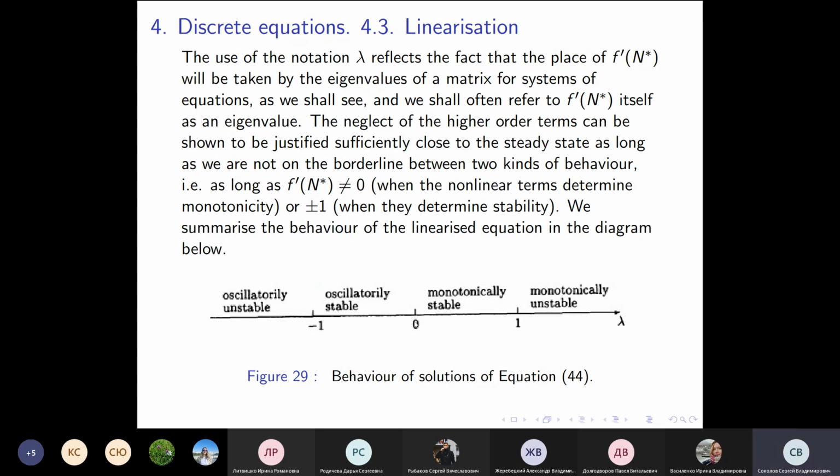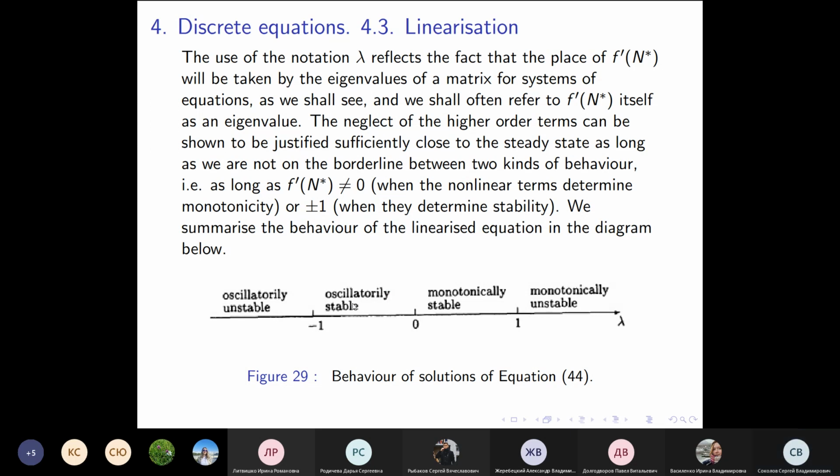We see 3 bifurcation points. At -1, the behavior of the system changes from oscillatory unstable to oscillatory stable.